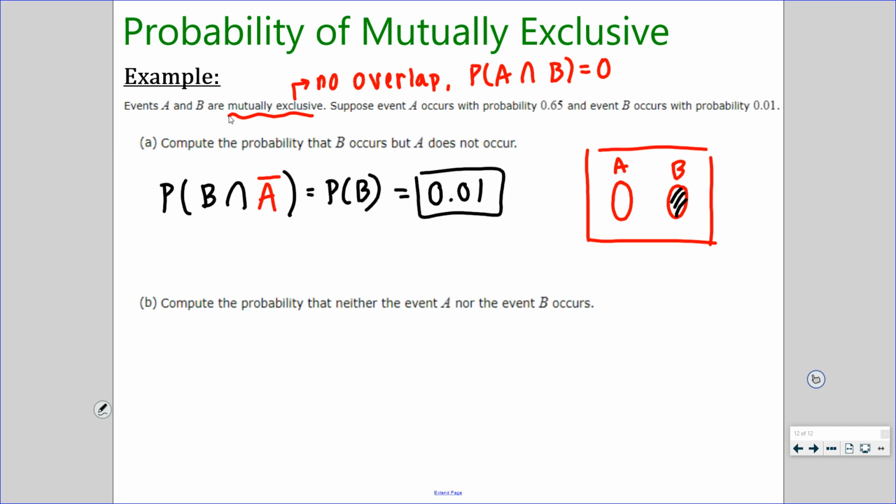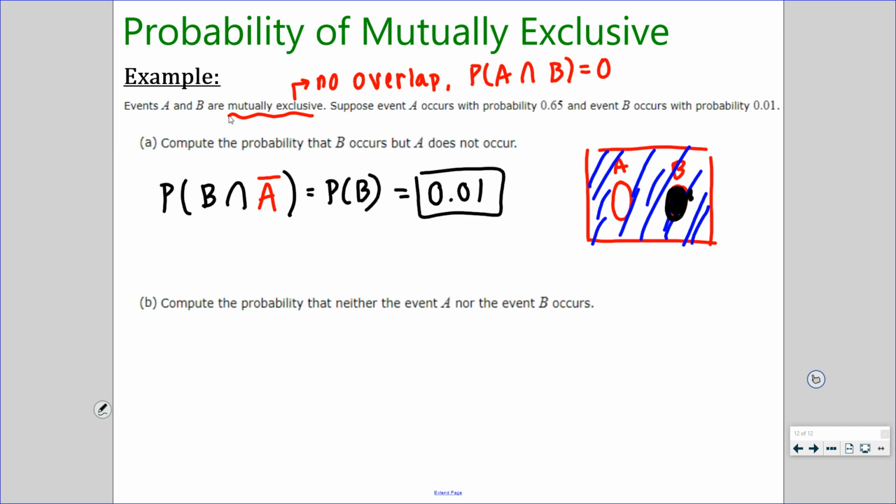Okay, that's all I had to do for that one. I don't know if I love this picture, but it's fine. The probability of A not happening would be all this, right? So the probability of not A and B happening is just this space. The probability of B happening and not A would just be this space right here. Maybe that is a good visual.